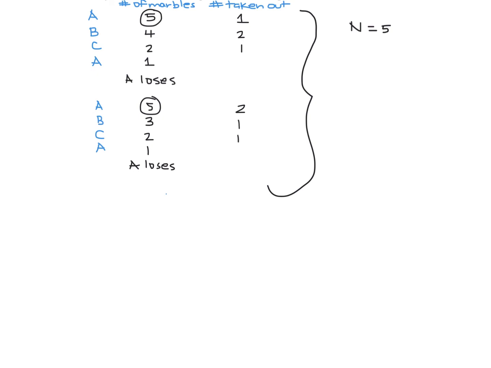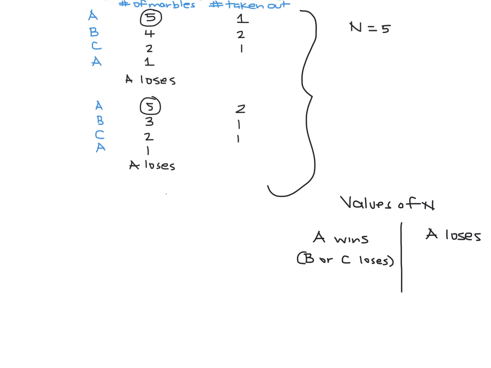So what we're going to do is make a list here of values of n for which Alphonse loses and for which Alphonse wins. Alphonse wins basically means that somebody else loses, so either Beryl or Colleen loses.